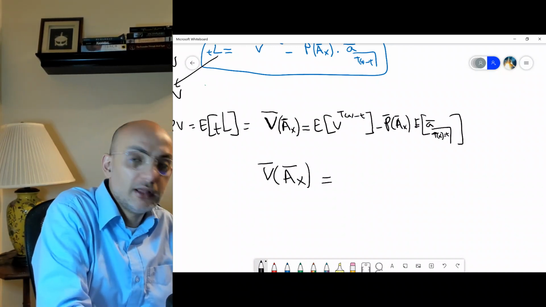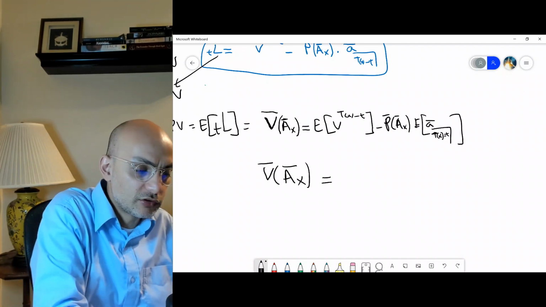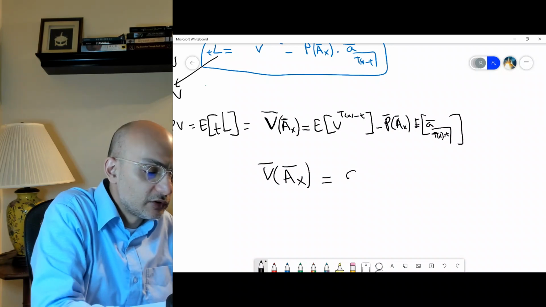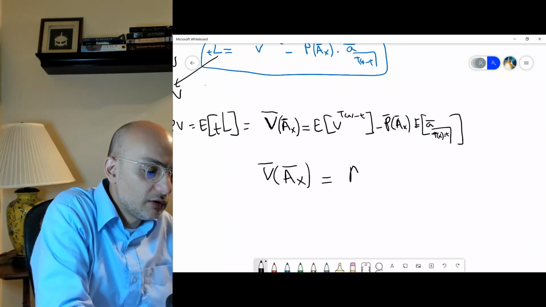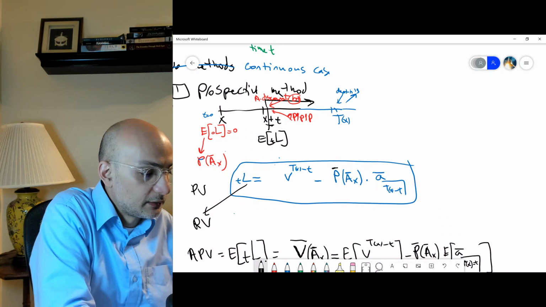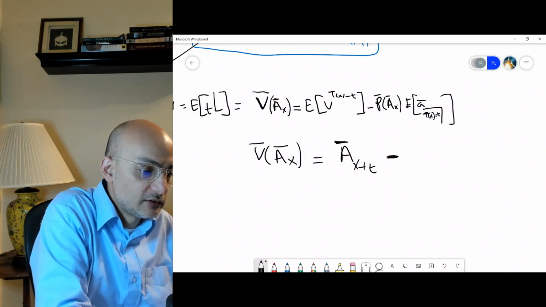It is the expected value of the payout, how much you are expected to pay in insurance. And this one will be A capital, because it's continuous, it pays at time of death, X plus T. So here, this is the age X plus T subtracted from.